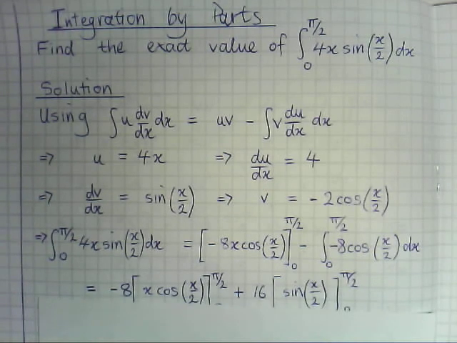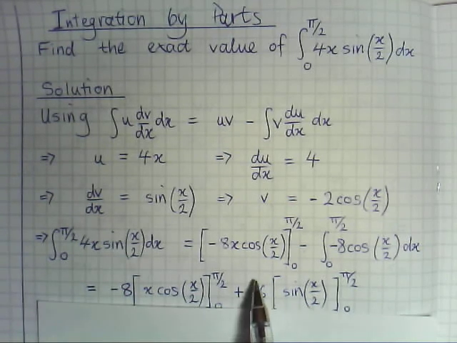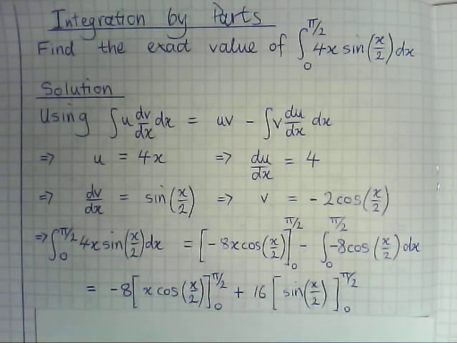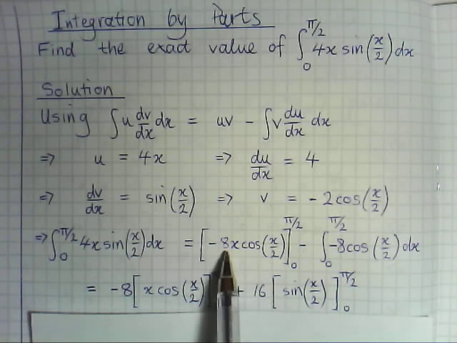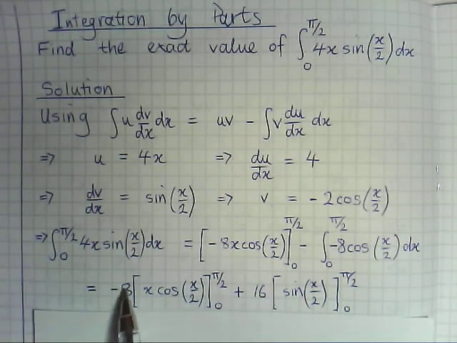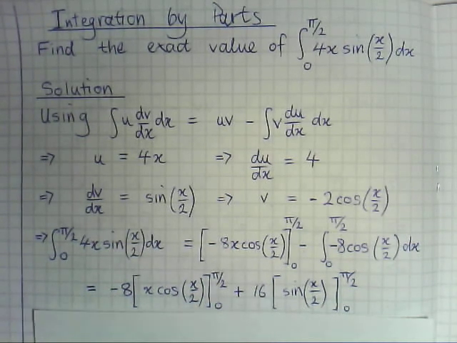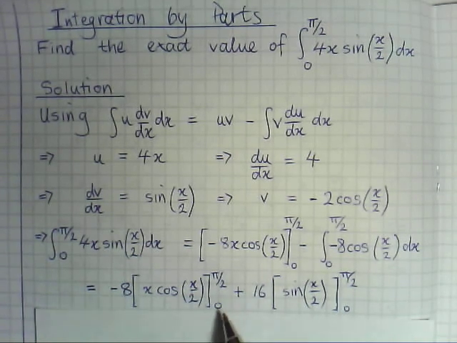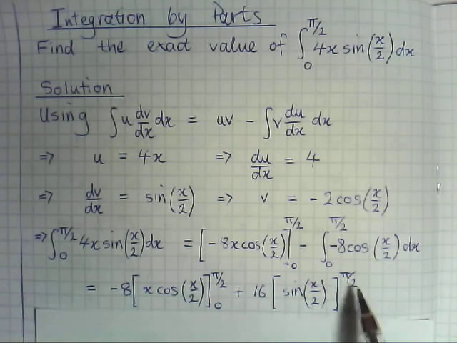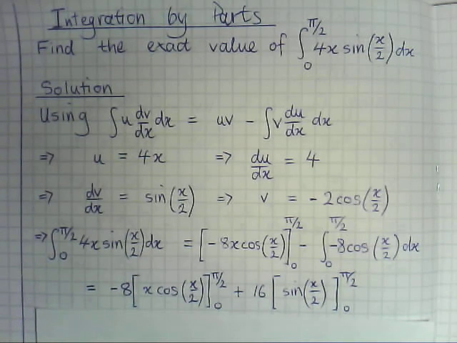And so the 2 times the positive 8 gives us 16, and so that's where the 16 comes from. The negative 8 here can be extracted out to make life a bit easier when it comes to calculations. There are our limits of 0 and pi over 2. So we now start to evaluate these limits.